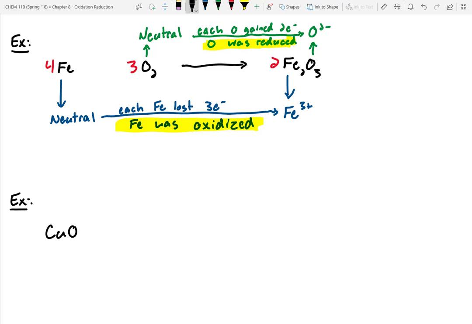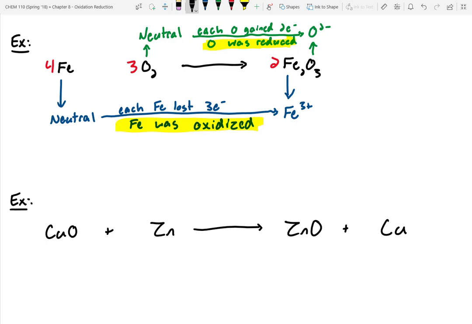What would this be called? Copper oxide. We need a Roman numeral in there because copper is a transition metal. Copper 2 oxide. So copper 2 oxide plus zinc is going to form zinc oxide, and we know it must be zinc 2 oxide plus copper metal.